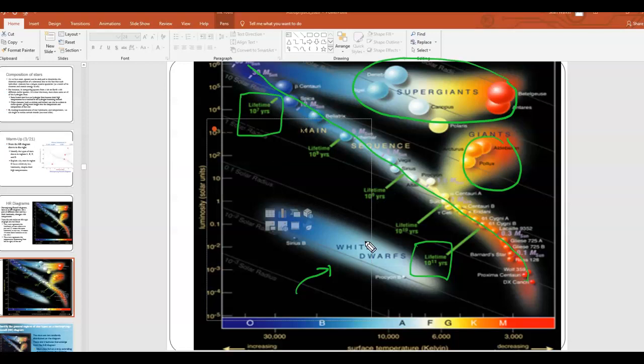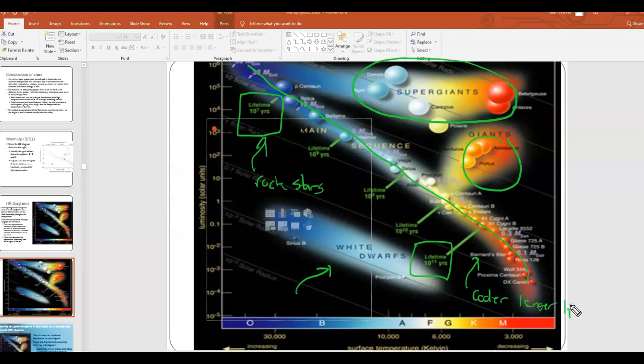And so basically, you can think of these stars up here. These are kind of like the rock stars of the universe. They burn really hot, and they burn out really quickly, just like rock stars. Whereas these are like the cooler, longer living stars.